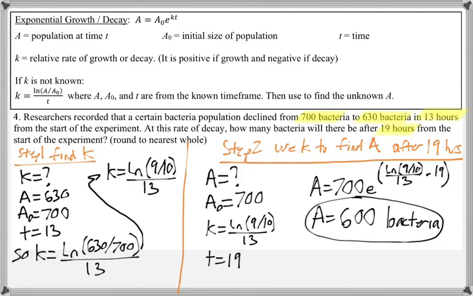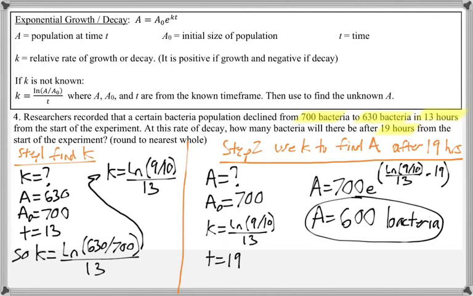This answer should make some kind of sense because we're starting out with 700 bacteria, and after 13 hours it was 630 bacteria. So after 19 hours it should be something less than 630, and 600 is less than 630. So that does make kind of sense.